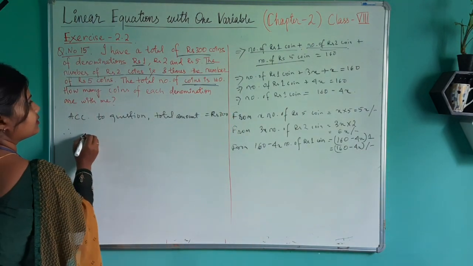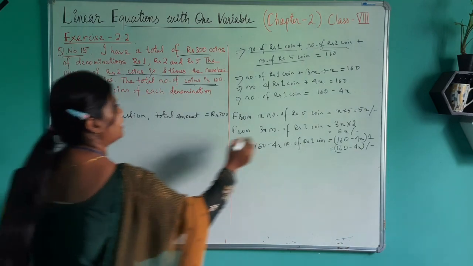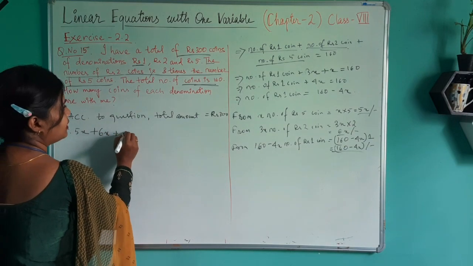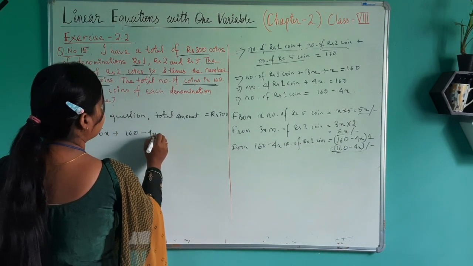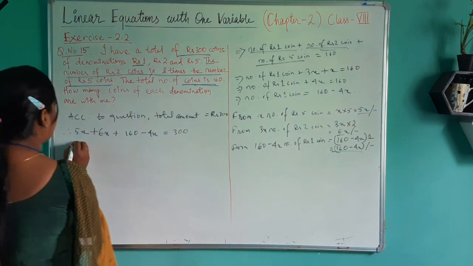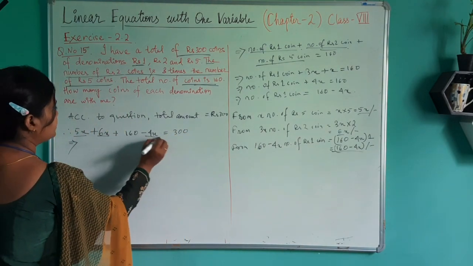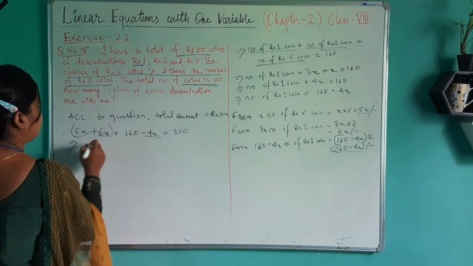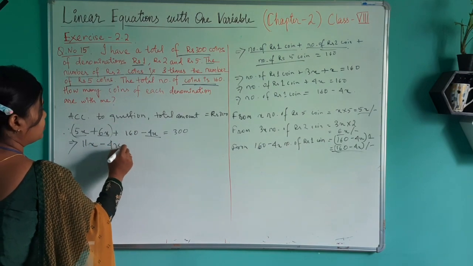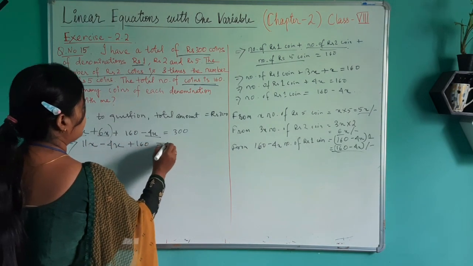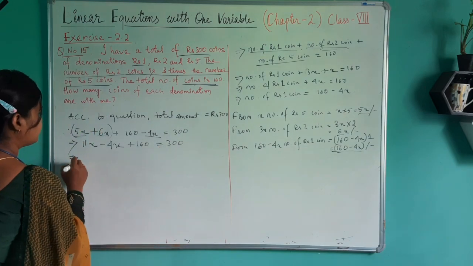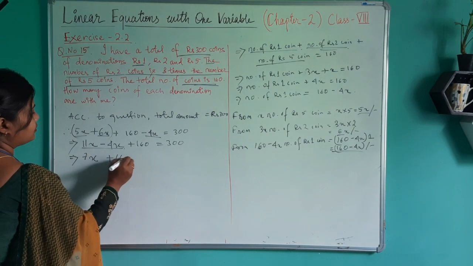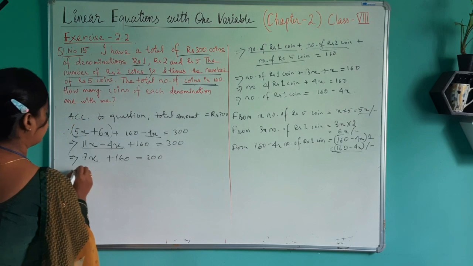It means we add all three: 5x plus 6x plus 160 minus 4x equals 300. Add the like terms. 5x plus 6x is 11x, minus 4x, plus 160 equals 300. So 11x minus 4x is 7x, plus 160 equals 300.